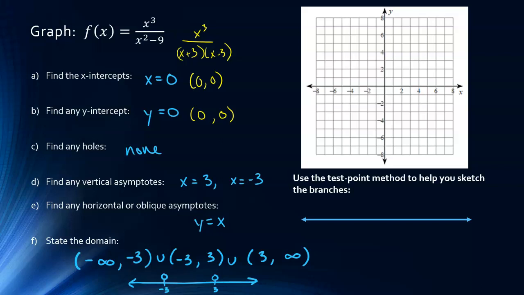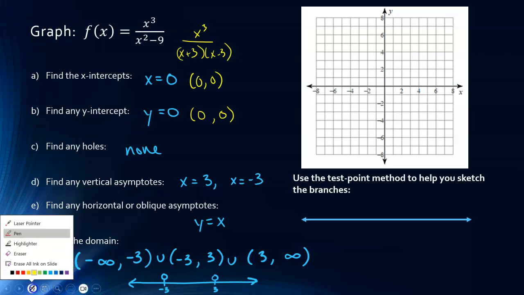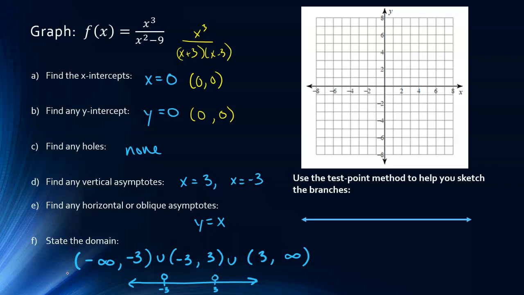All right, so now let's talk about how we would graph that. So I'm going to place on this graph everything that we know so far. So I know that there's an x-intercept and a y-intercept here at 0, 0. There are no holes in the graph. By the way, if there is a hole in the graph, you would just literally use a point on the graph and put a circle there.